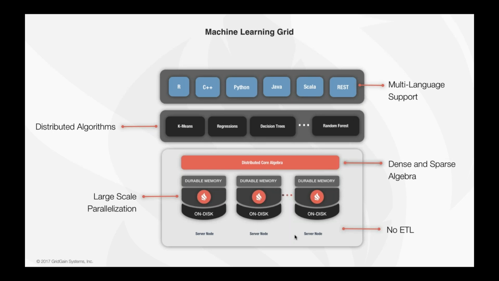The key thing here is that the code for these machine learning libraries has been implemented to take advantage of distributed processing. So it's not simply having to run something locally on one machine. Commonly, for a lot of machine learning algorithms at small scale, that's okay.